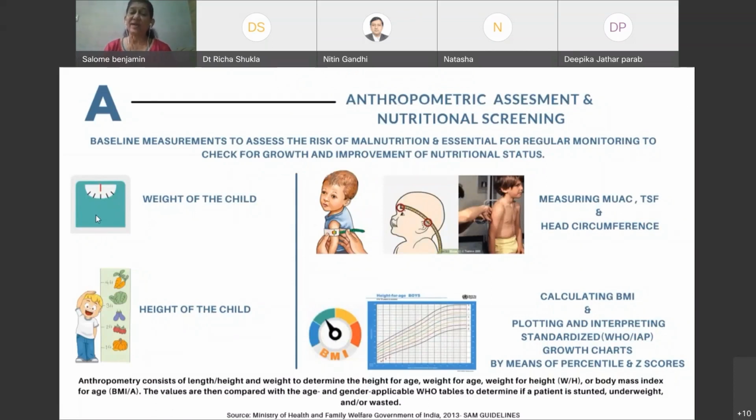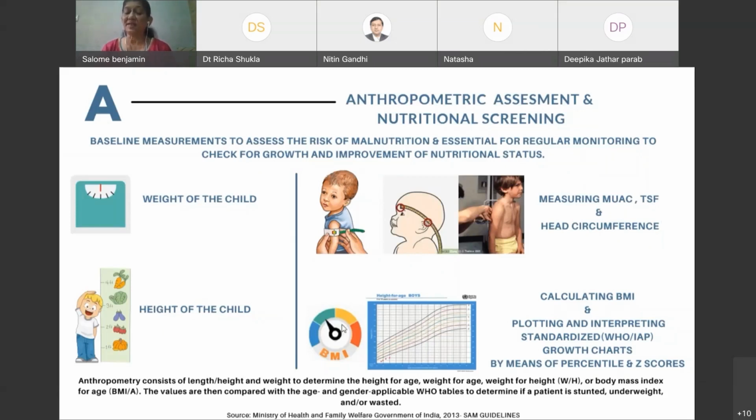the child. There are weighing scales to be calibrated, and the height also should be taken correctly at the eye level. You may be very tall and the child may be small. When he is standing on a stadiometer, you must come to his or her level of height and then take it. Head circumference, this is what I am talking about, the tape, and the skin fold thickness.